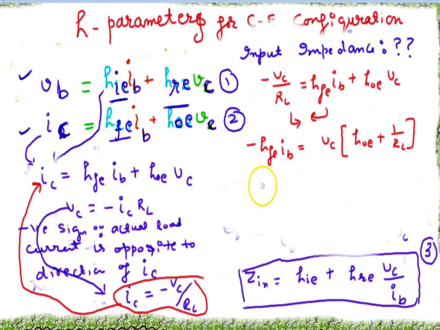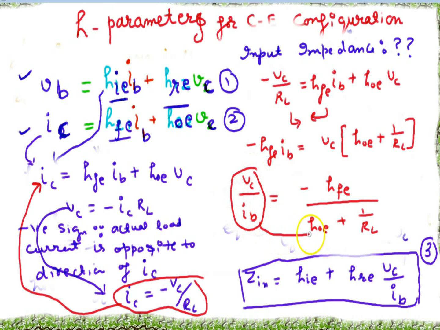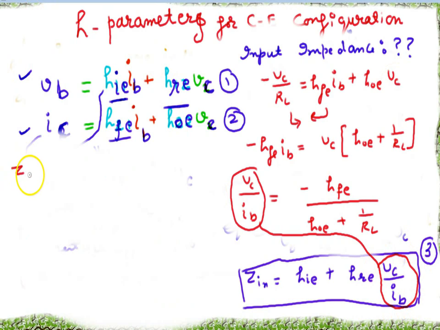From here we find VC over IB. Substituting VC over IB in equation number 3, we get the value of input impedance. So substituting it here and finding the input impedance.